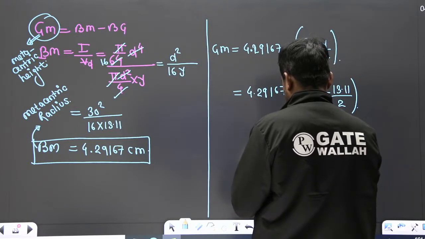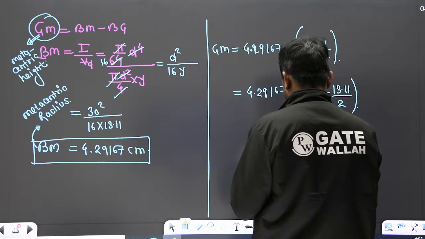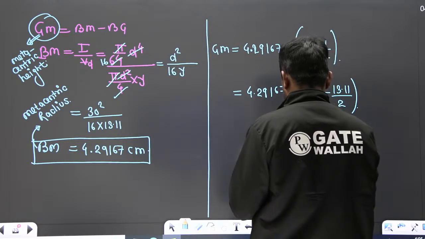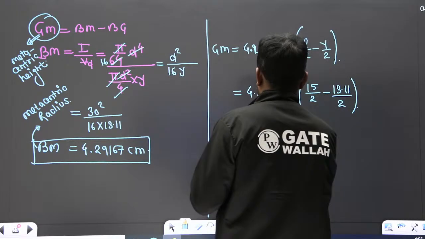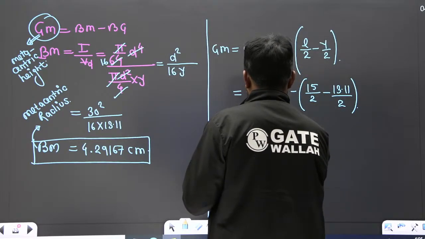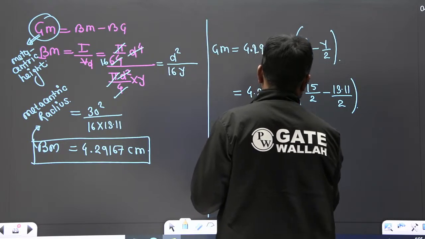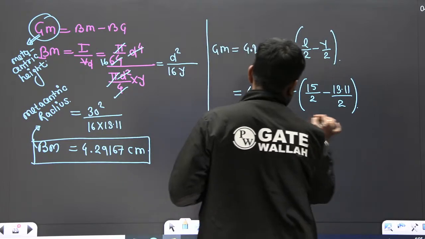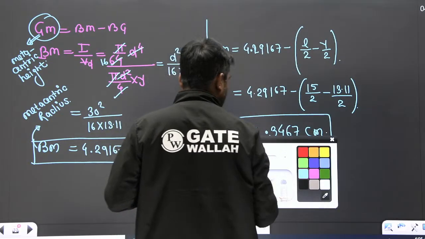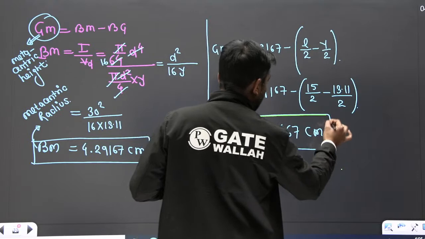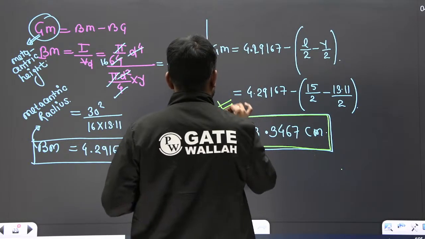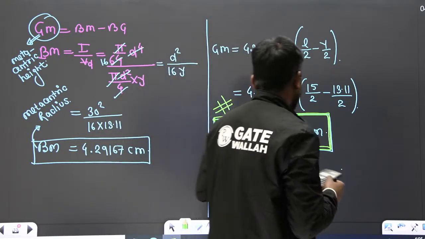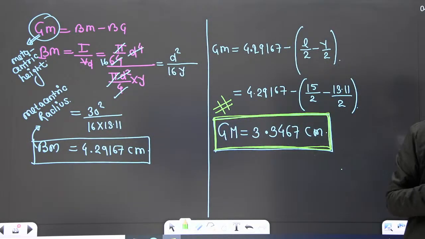So this minus 7.5, minus 13.11 divided by 2. That will come out to 3.3467 centimeter. This should be our GM.